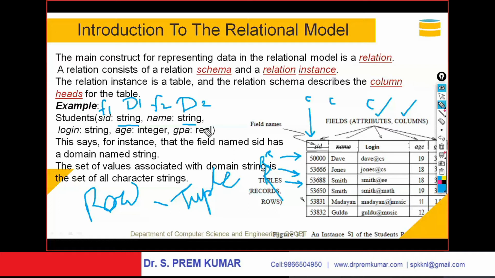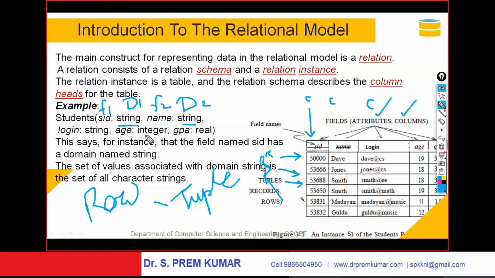For example, age. In age, what do you store? Integer numbers. You will not store alphabets. The student age may lie between 16 and 25, which is a 2-digit integer number.